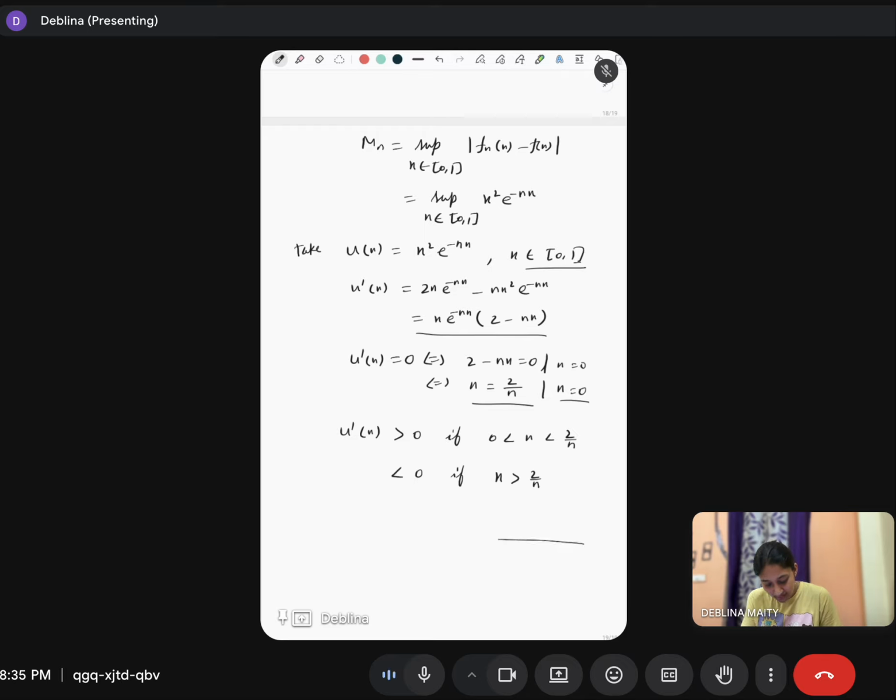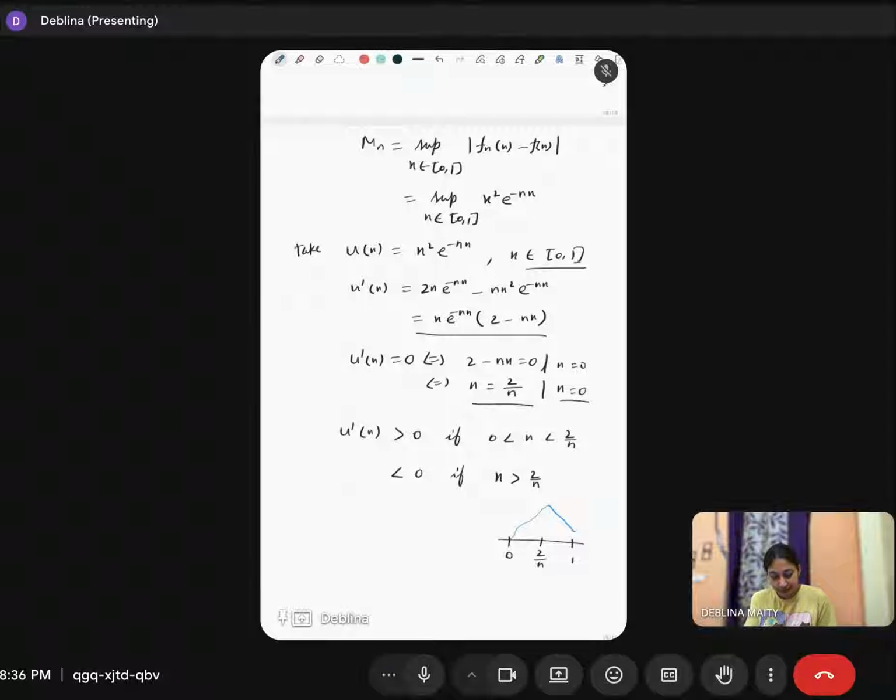So we see that if here is our 0, 1 and here is some 2 by n, then u dash greater than 0 means it is increasing from 0 to 2 by n. At 2 by n it is 0, and then again it will decrease to 1.